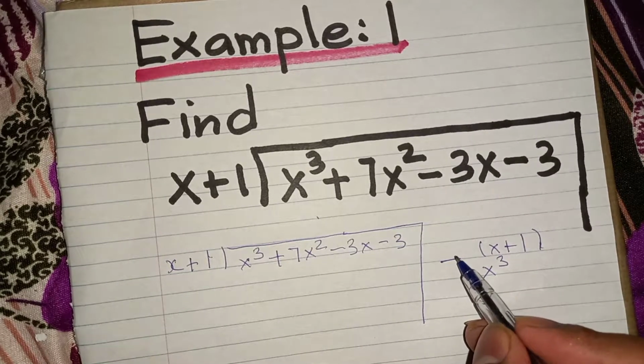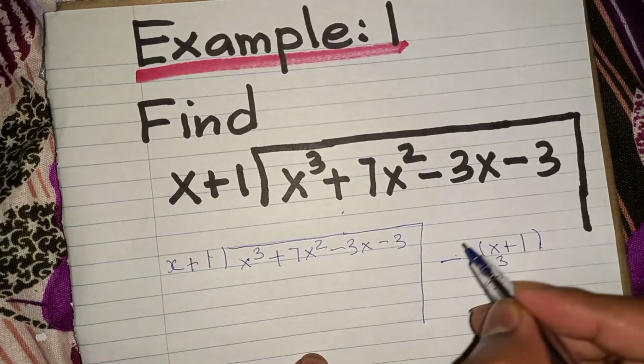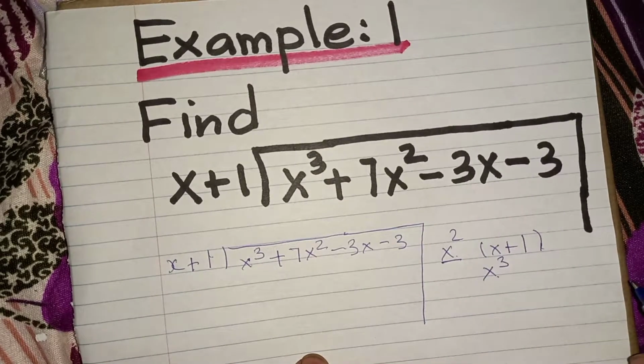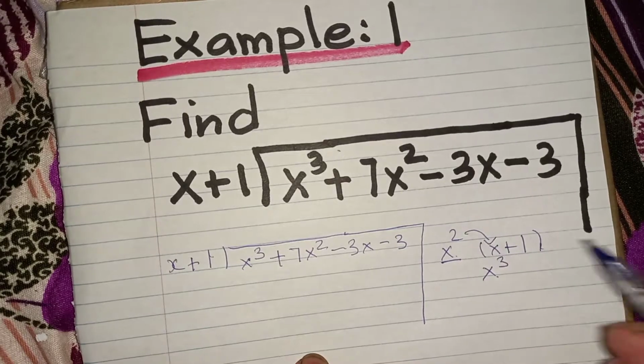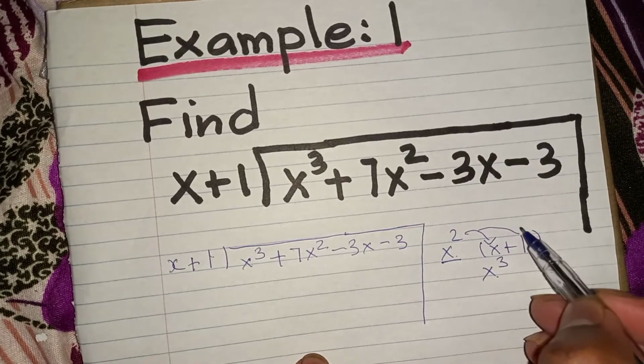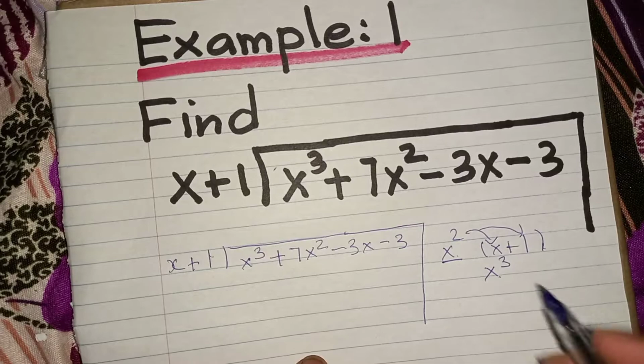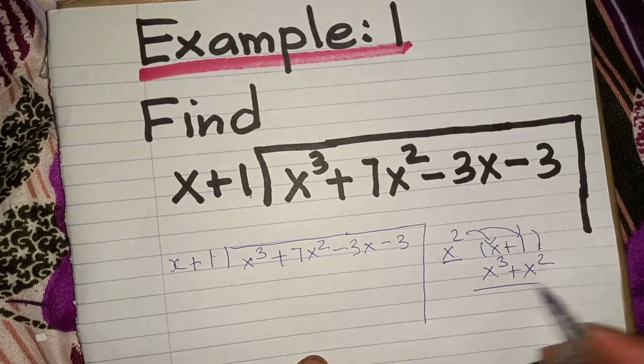So what is going to go here to give me x cubed? x squared is going to go inside here, so x squared times x will give me x cubed, and x squared times 1 gives me x squared.